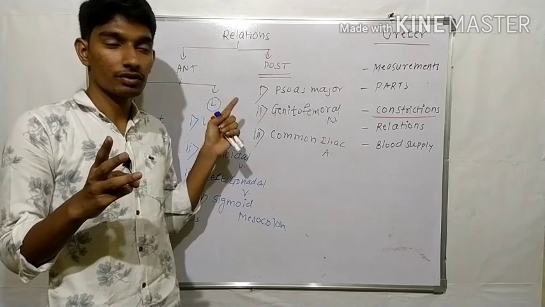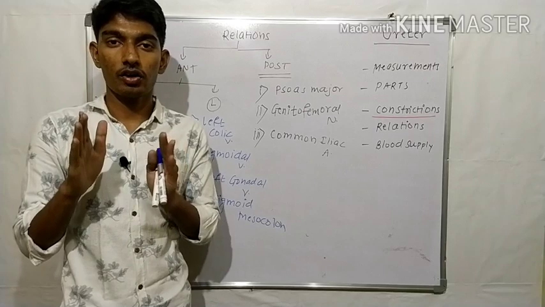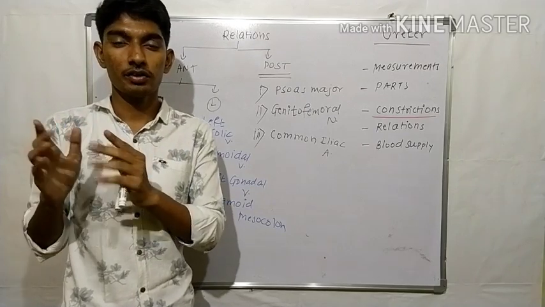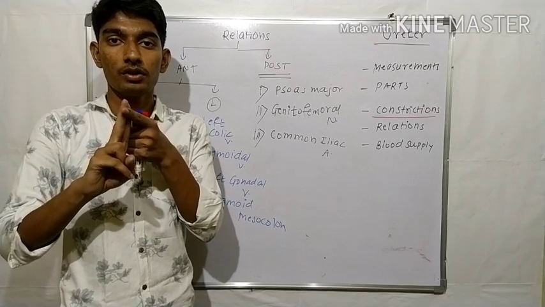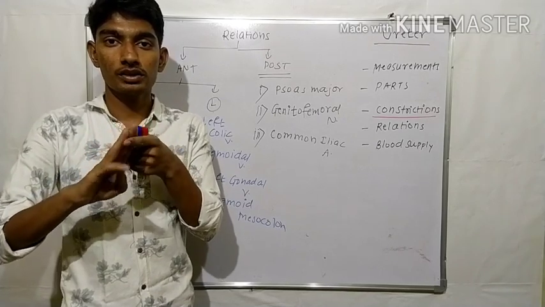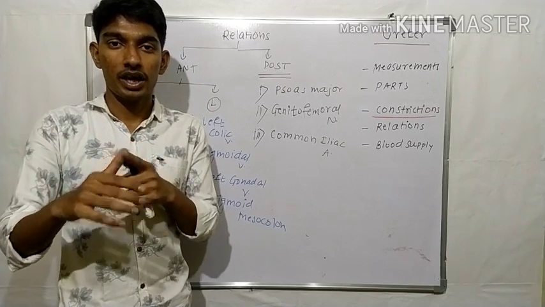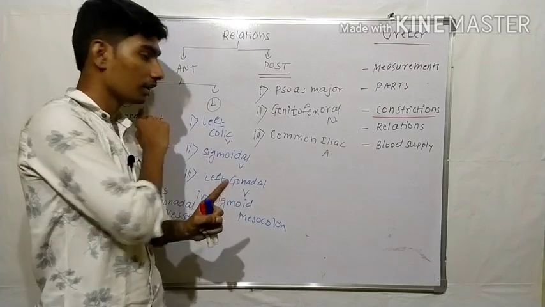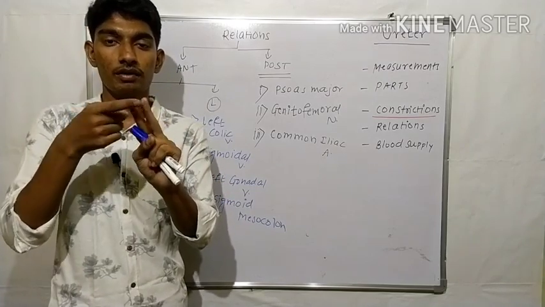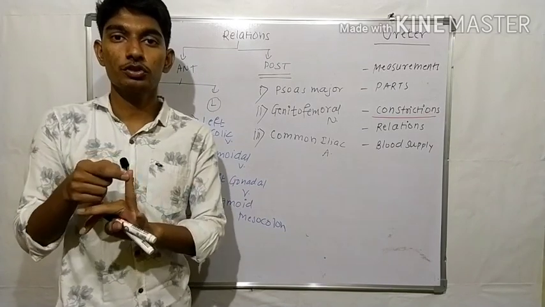Anterior relations of right ureter: second part of duodenum, right colic vessels, ileocolic vessels, right gonadal vessels, and mesentery. In case of left ureter: left colic vessels, left gonadal vessels, then sigmoid mesocolon.